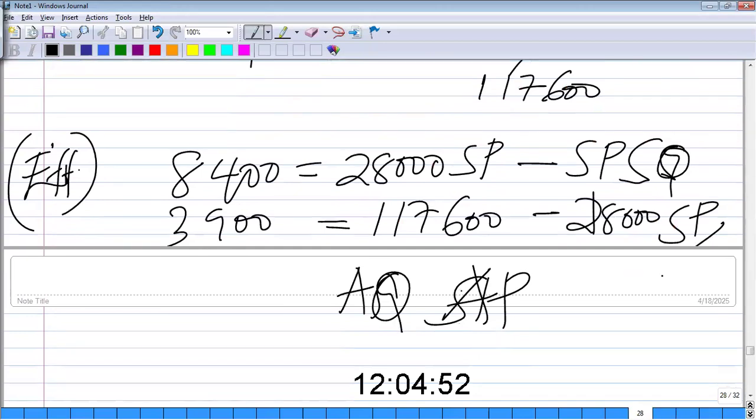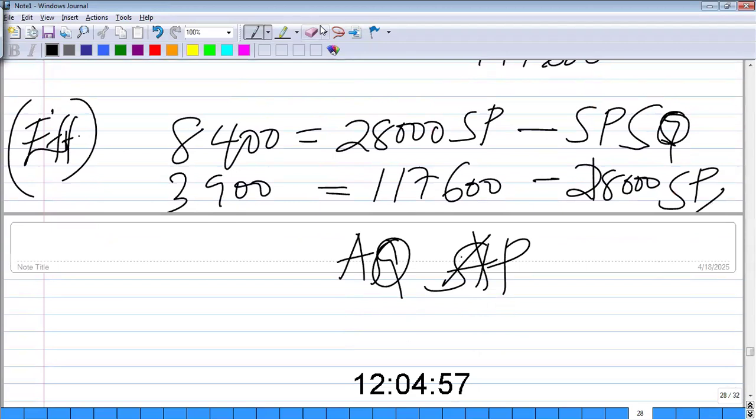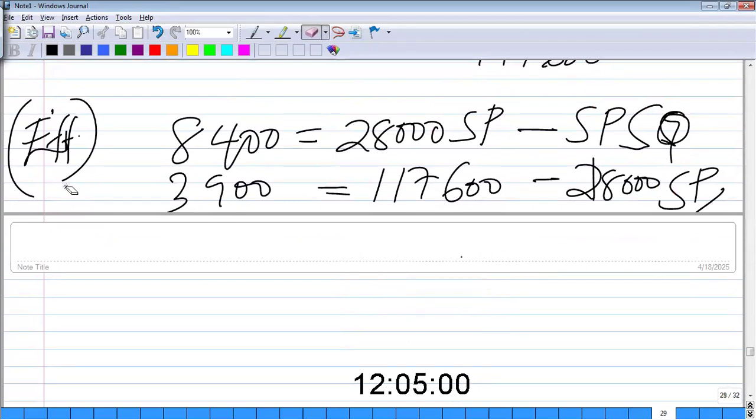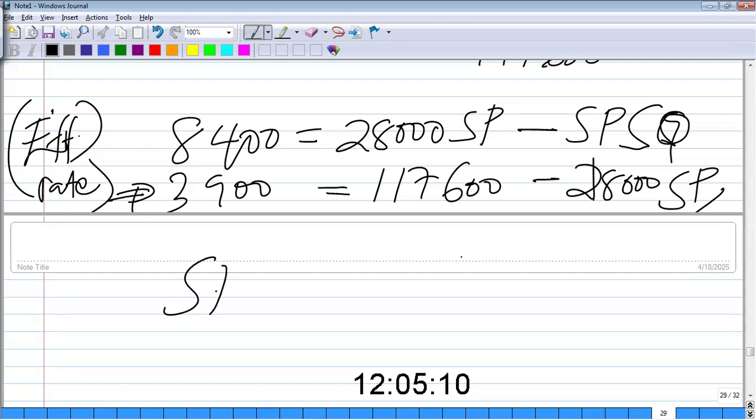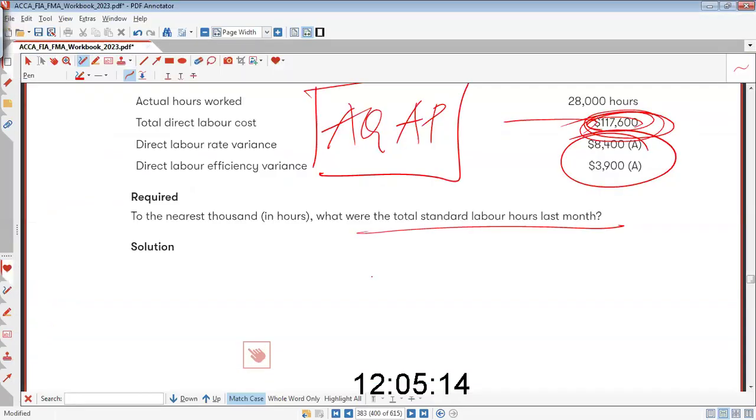From the second formula, you can get the standard price, given how it's summarized from the rate formula. So the standard price would equal to, but first they said it's adverse.